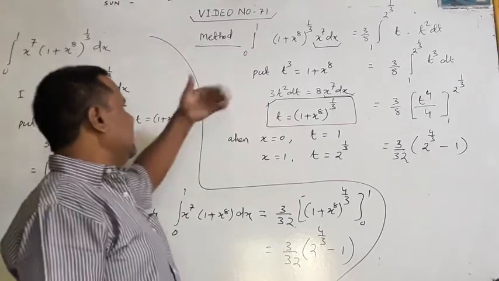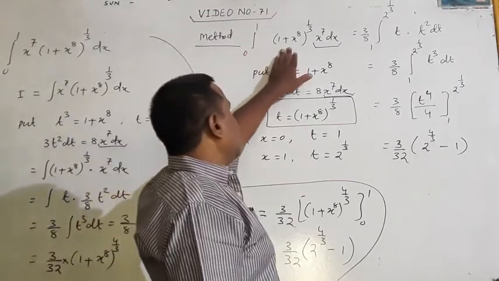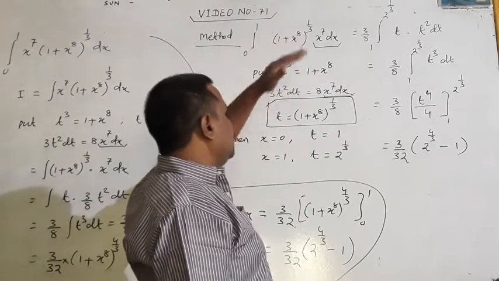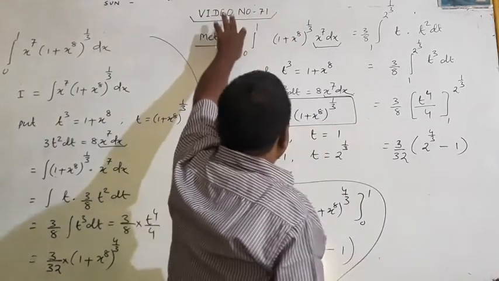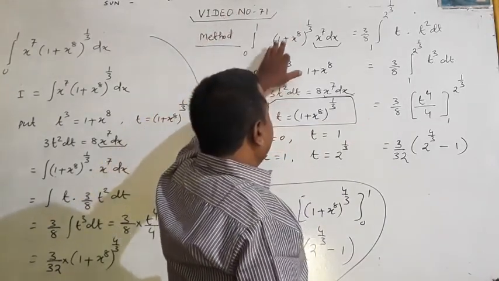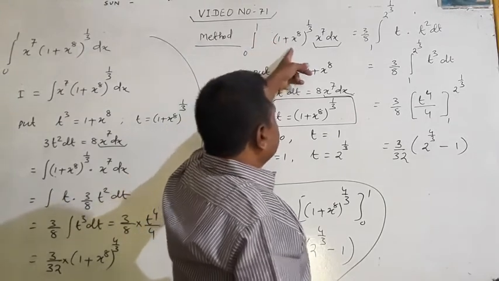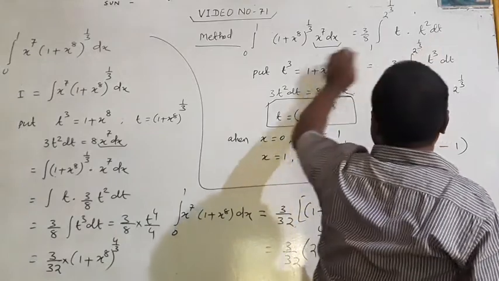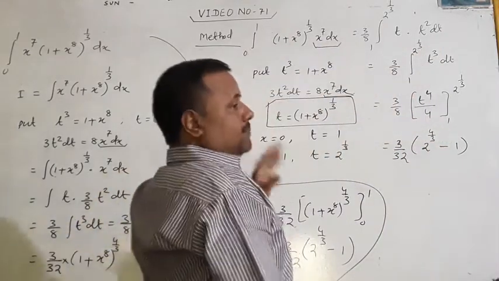Okay, I am telling it again. Why does this change? If you convert this x to t while maintaining the limits, you have to change t in place of x. Okay, you are changing, but you have to maintain the limit; that is important.